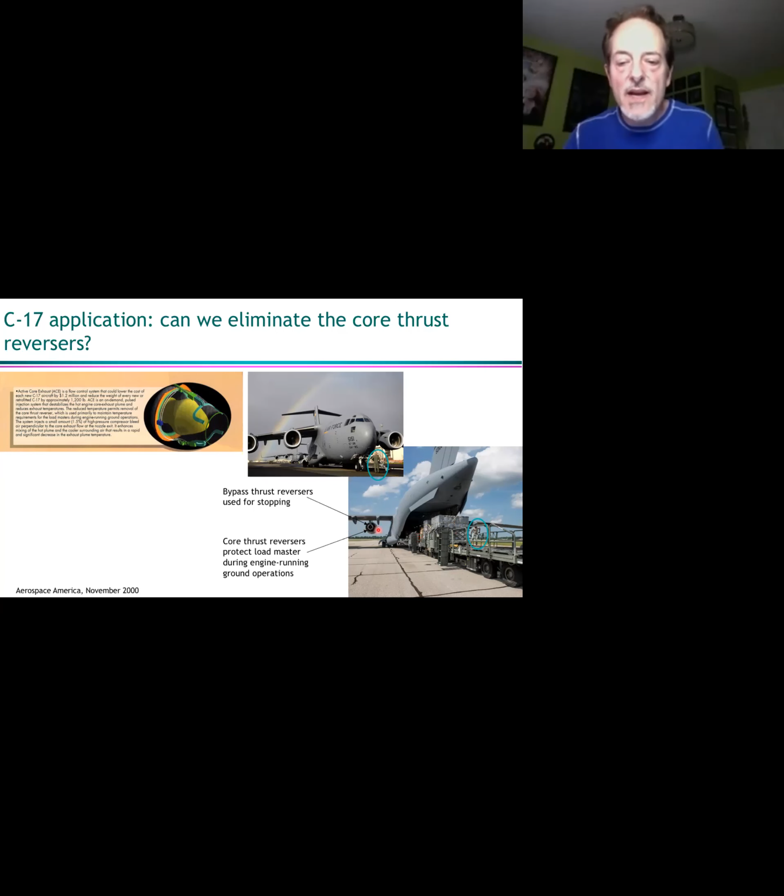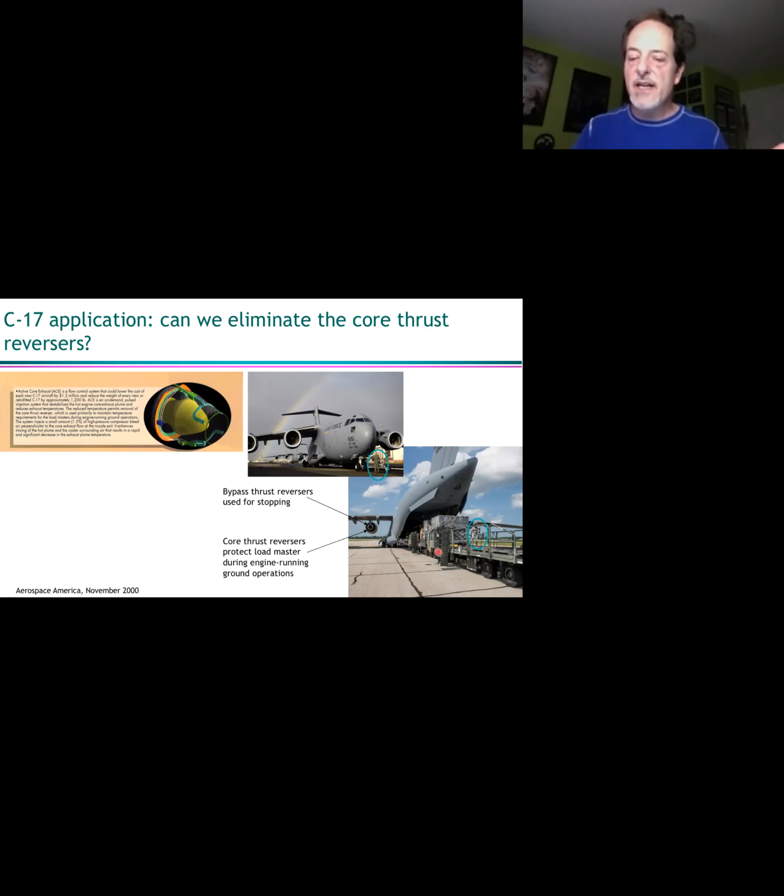And so the C-17 is no different. It had thrust reversers on the bypass flow that's used for slowing down the aircraft and maybe even reversing it, backing up if needed. But here's the interesting thing. It also had thrust reversers on the core flow. And these actually weren't really needed to slow down the plane or to stop the plane.